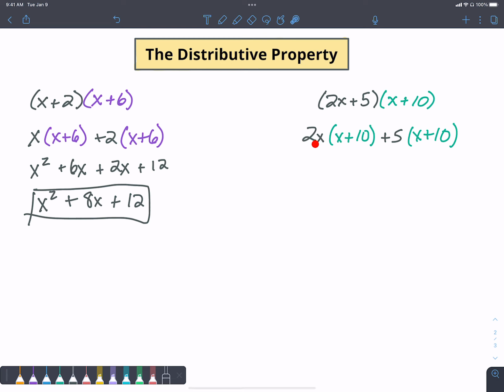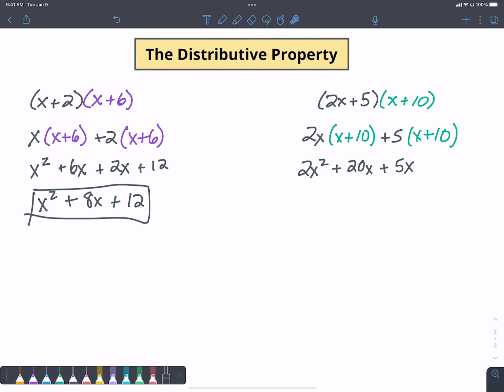Now we're just going to take this 2x times x, 2x squared. 2x times 10, that's going to be 20x. Positive 5 times x is going to be positive 5x.